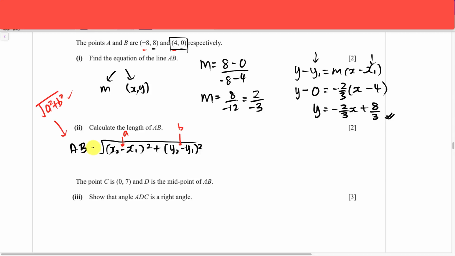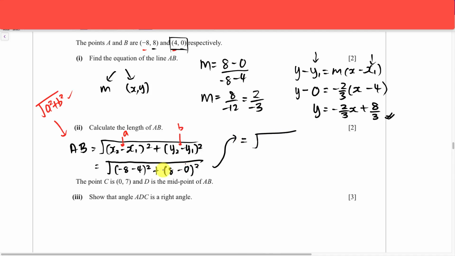What I will do next is substitute the values into it. So it should be the square root of negative 8 minus 4 squared plus 8 minus 0 squared. So I will simplify this one.